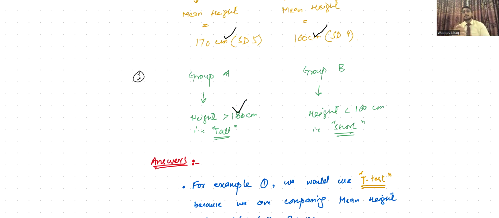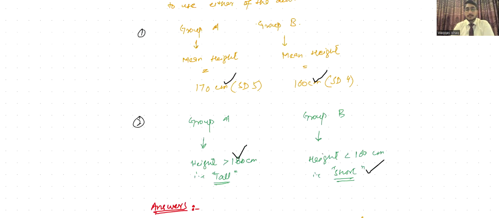So what's the difference between these two studies? In example 1, we are studying the actual numerical values between two groups. In this case it's 170 in group A, while in group B it's 160. They have given numerical values. While in the second example, they haven't given a mean value.